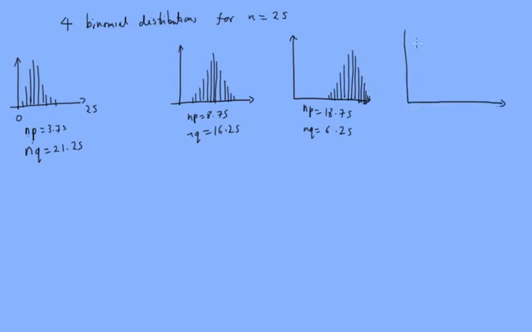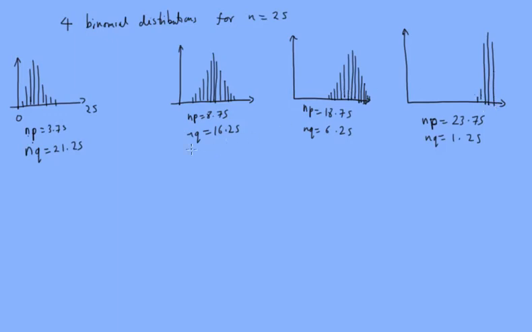And finally, we're going to look at np equals 23.75 and nq equals 1.25. And this doesn't look like a normal curve.